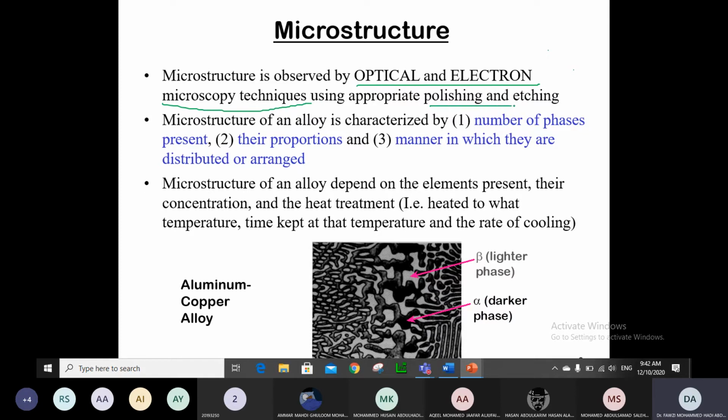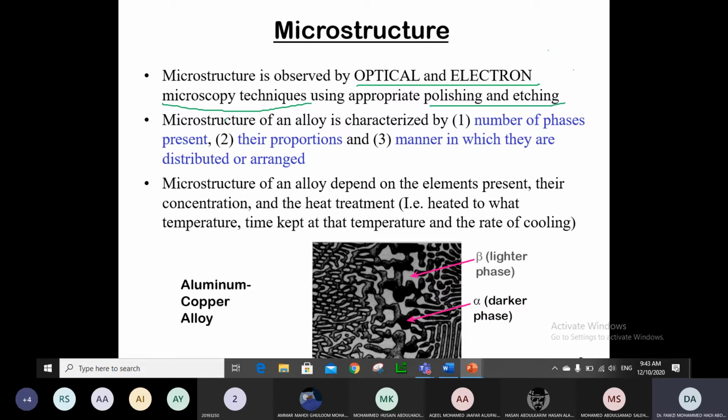Using appropriate polishing and etching, we can see what the microstructure is, and therefore we can predict the properties of the material. If we heat treat the material, or there is a heat treatment history, and we have the temperature and the composition of the material, then we can predict what the structure of the material is using the phase diagram. We can see it also using these means there.